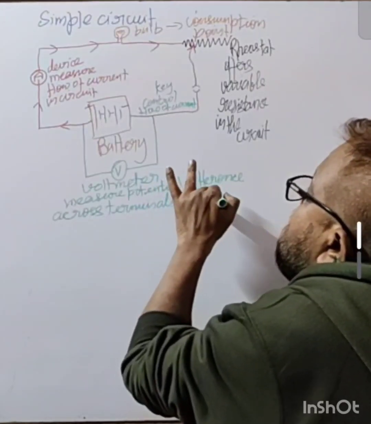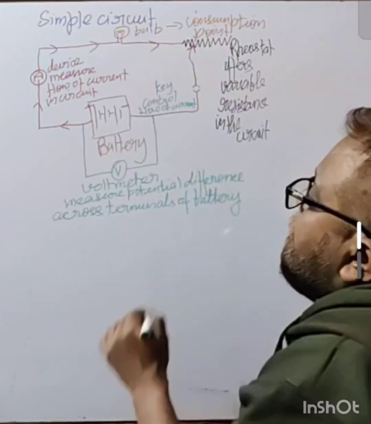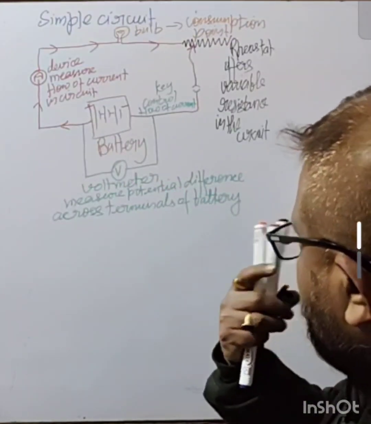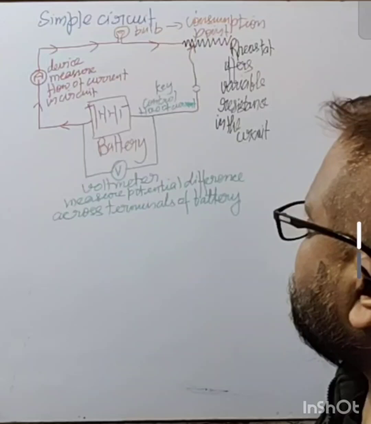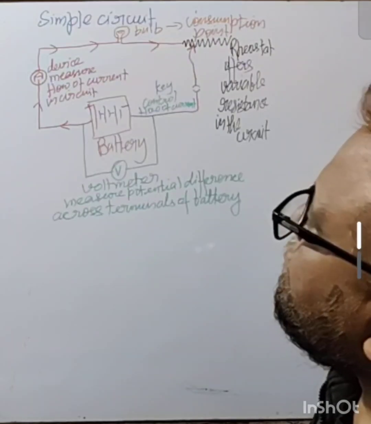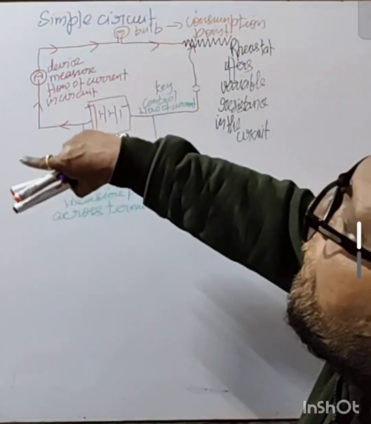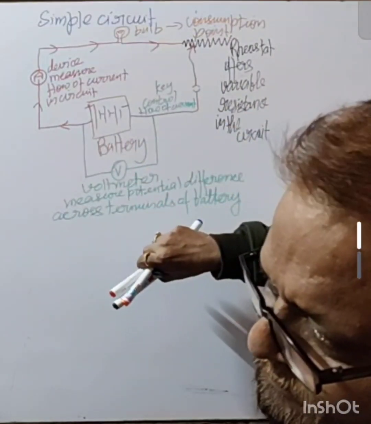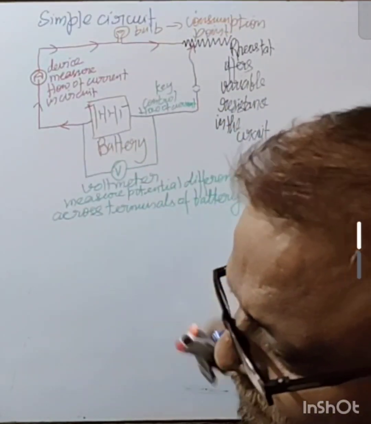Right? This is the voltmeter. Do you understand? Yeah. This is normally in a circuit. Right?